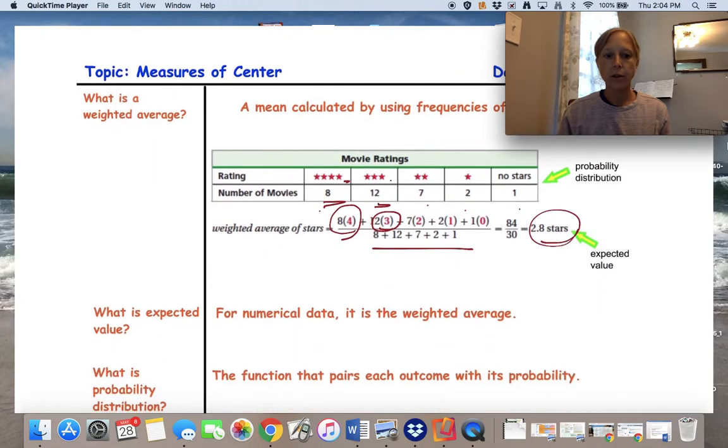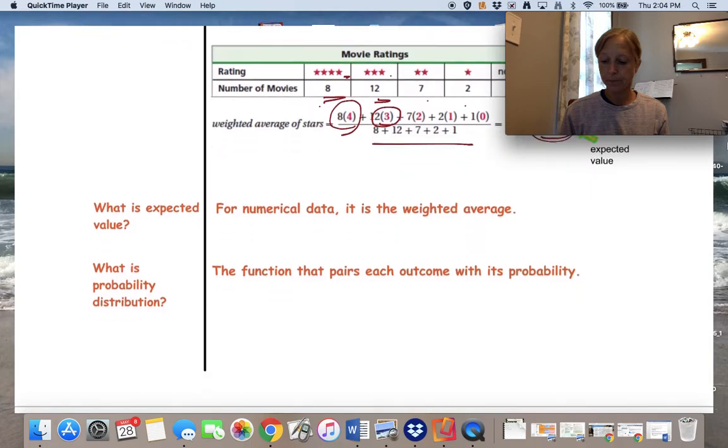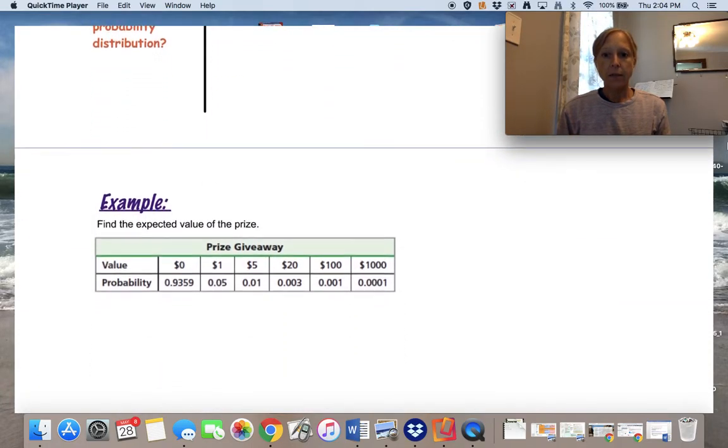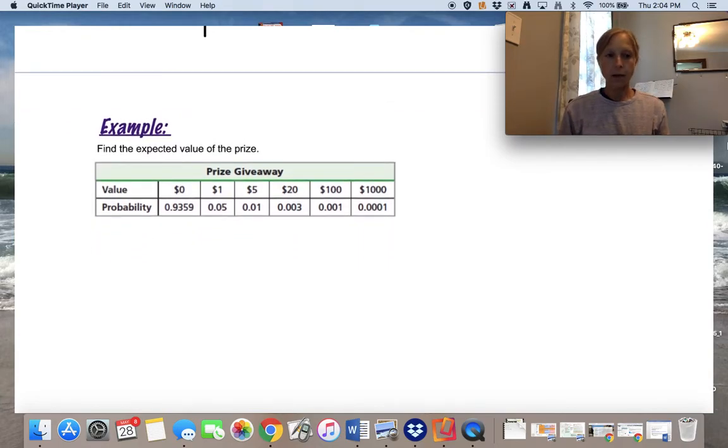Another application of this comes with what's called a probability distribution. And what a probability distribution is, it will match each outcome with its probability. So that's actually the example we're going to try together. We're going to find the expected value of prize money in this contest.